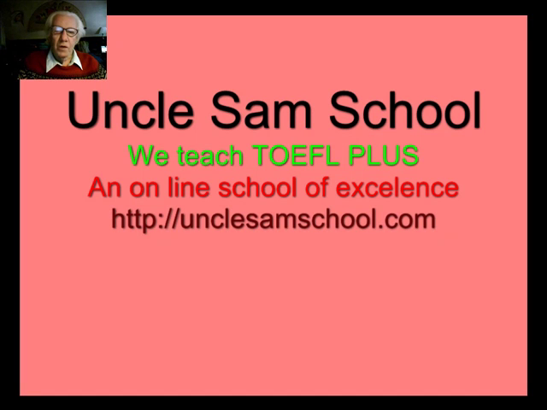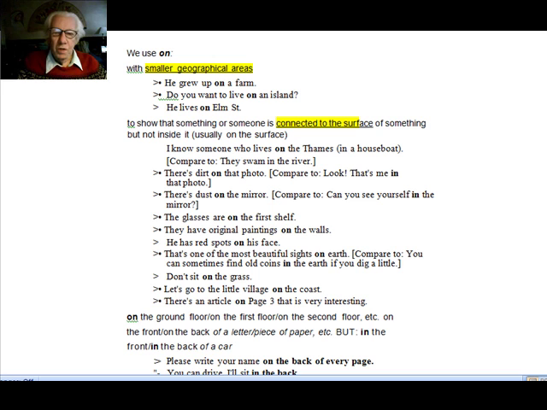This is lecture number 2 on the prepositions in, on, and at. As we mentioned, in refers to large areas, such as continents, nations, cities, and also time, years, months, and so forth.